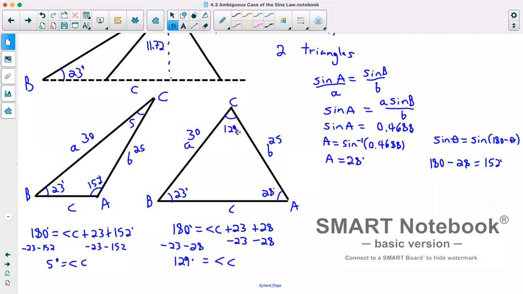Now to solve for side length C, we can use cosine law or sine law. I tend to use sine law, but you could just as easily use cosine law.